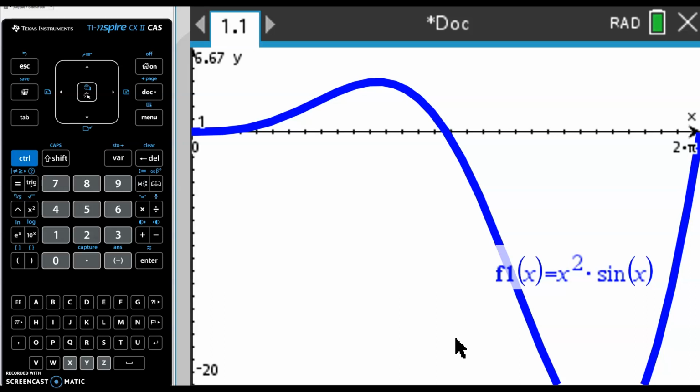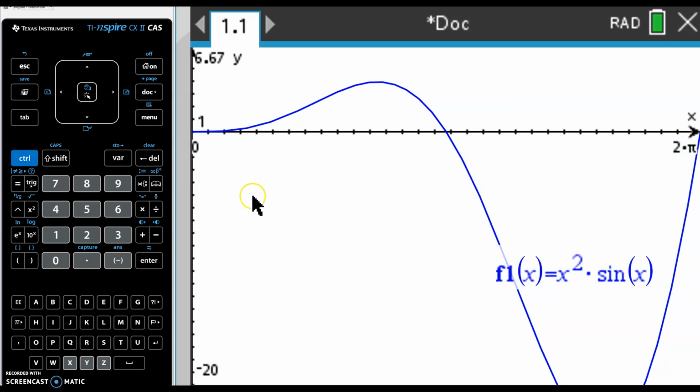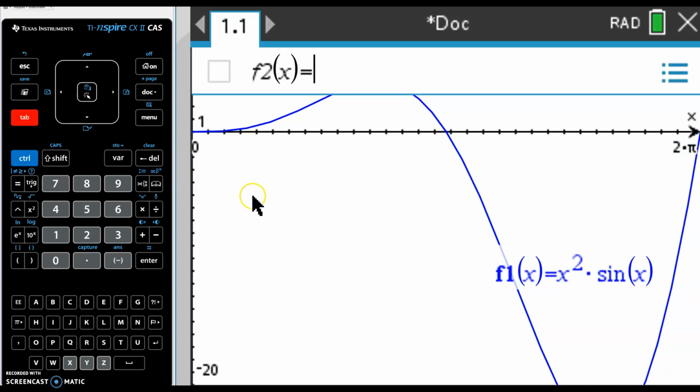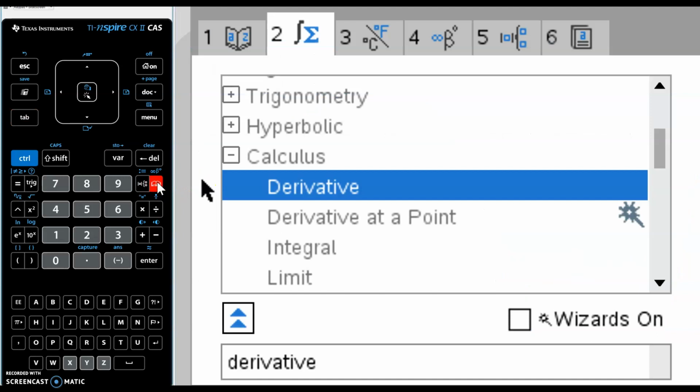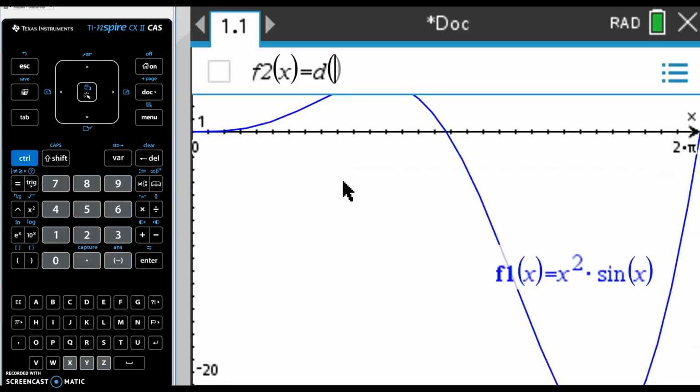And the next thing it wants us to do is to sketch f prime. So you could find the derivative and then plug it in, but this was the reason I wanted to show you the video. So let's tab and put in a second function. And with this, we're going to go over here to our little textbook, go to derivative, and see how it sets this up.